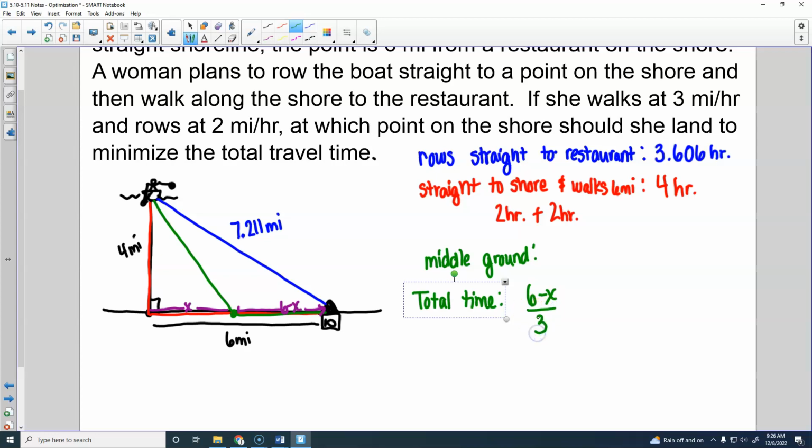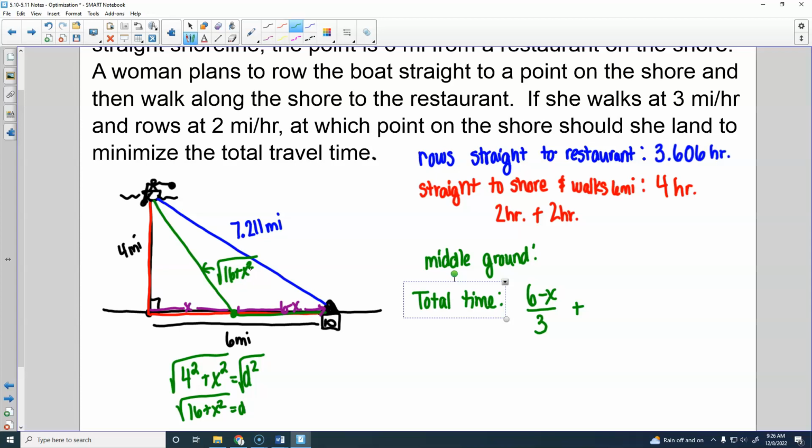Divide it by 3 because that's how fast she walks. To get the other part, we need to know this distance here, which means we've got to do Pythagorean theorem. So 4 squared plus x squared equals this distance squared. So we could just square root both sides. And so we get the square root of 16 plus x squared is this distance right here.